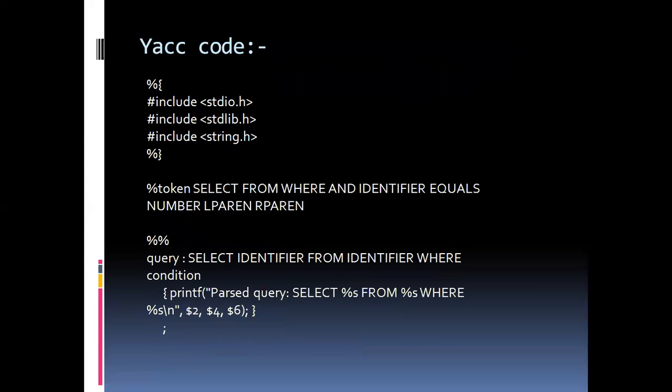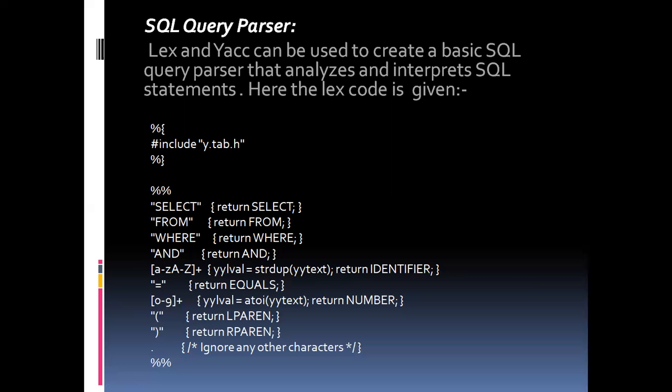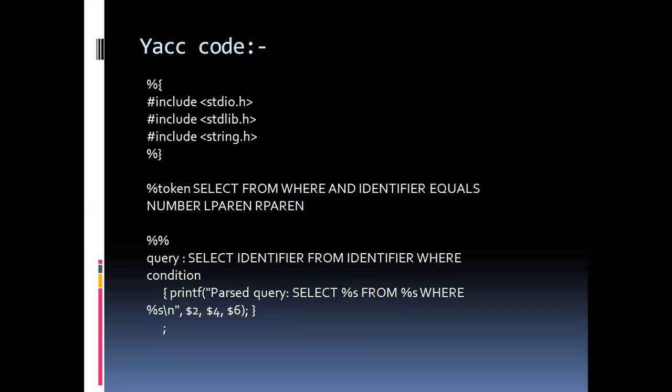Now the Yacc code for this SQL query parser, because it will first tokenize it and then it will parse it for the further programming work. So it will parse it. For that, the SQL parser will now use the Yacc code. You see, these are the heading sections.